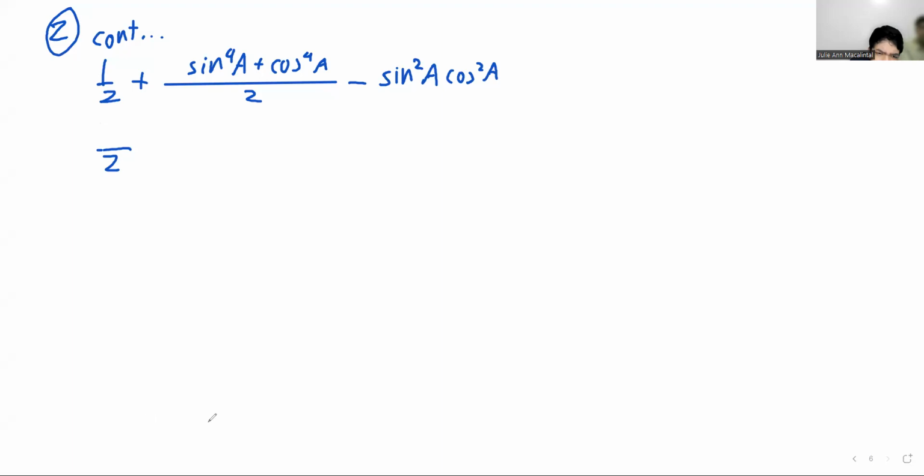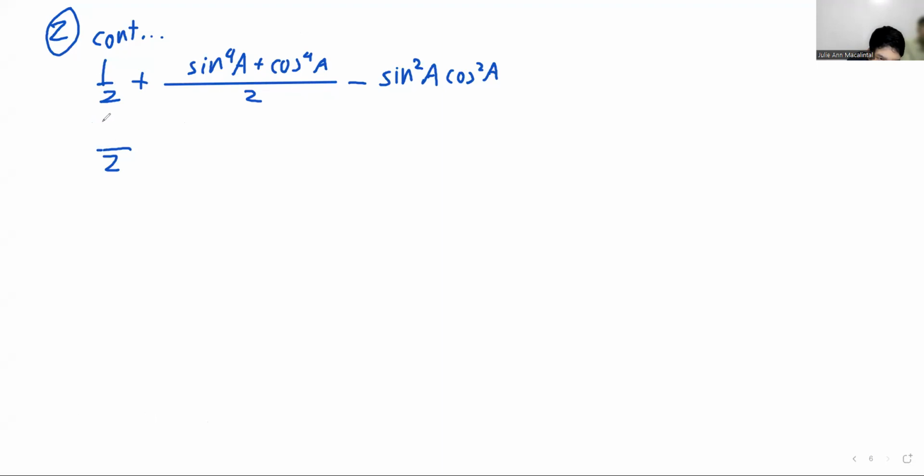But here the sine to the fourth a plus cosine to the fourth a is under a 2, so we need another of this fraction to complete the sine to the fourth a plus cosine to the fourth a.